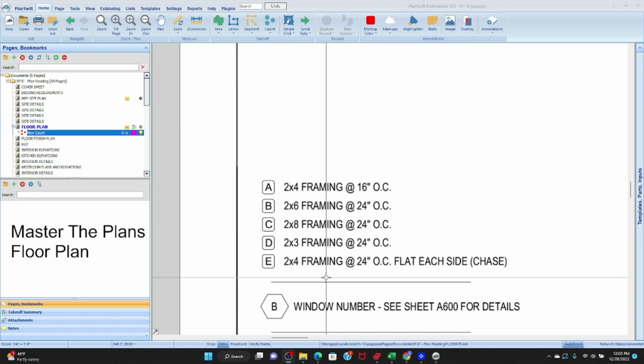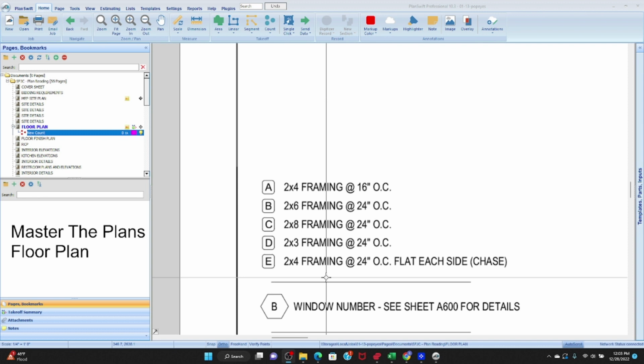I hope you've gone through and reviewed all of our terminology videos, because we have to make sure our terminology is clear when we're talking about these things. On a smaller set of construction documents, you will probably have your wall schedule, and again, schedule is just a fancy term for list, on your floor plan, as is the case here.